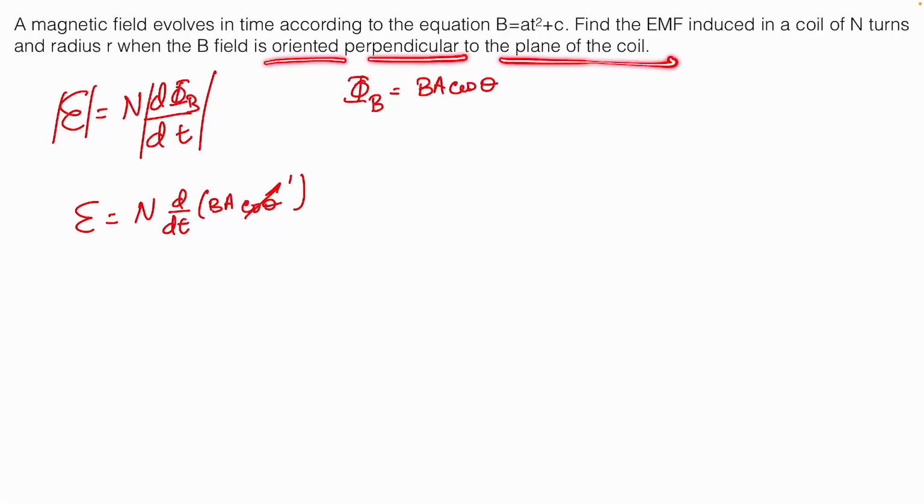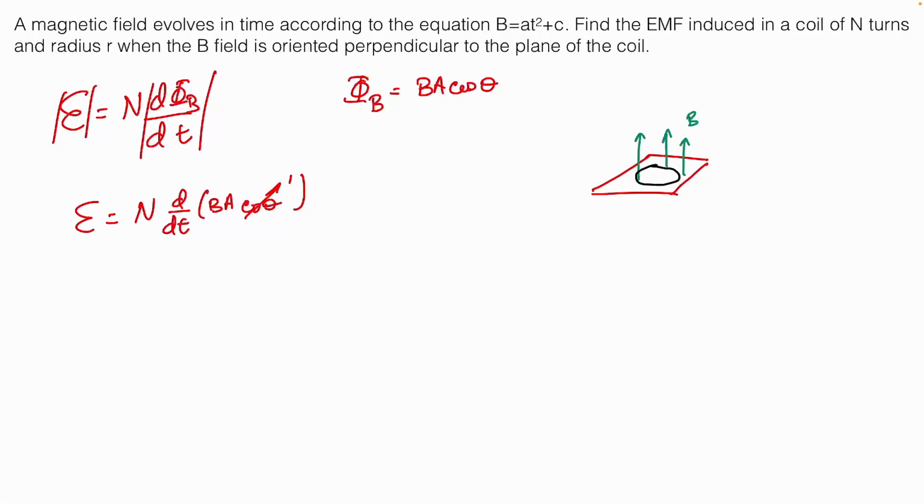If you have a flat plane and the magnetic field is perpendicular to this plane, the field is going straight up or down. We'll just say straight up. Here is the B field, and the coil is lying in that plane, perpendicular to the magnetic field.